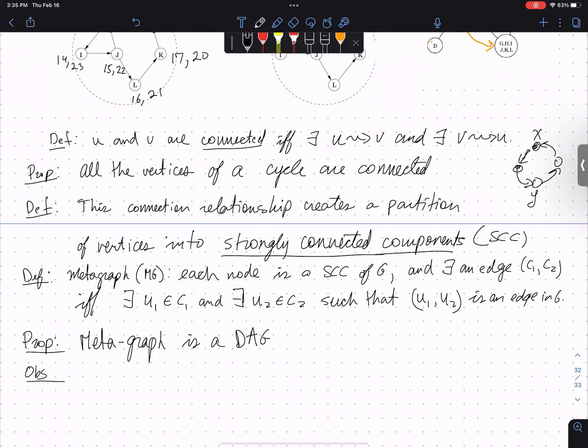I want to make an observation, and this is really kind of a deep observation. It's not a theorem or something, but just a way that we think about these things. Every digraph has a two-layered structure. It's just a way of thinking about the graph.